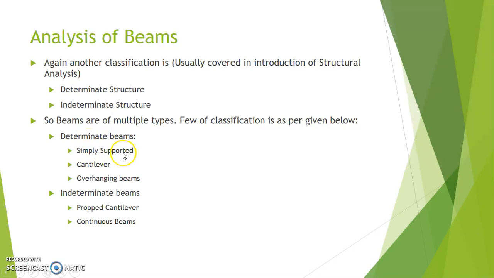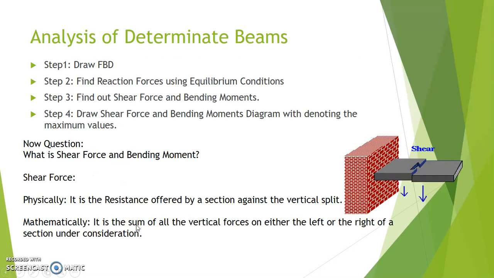In a simply supported beam, at one end we have a hinge support, at the other end we have a roller support. Cantilever, one end is fixed and the other end is free. Overhanging beams, some part is overhanging, that's the only condition. It is the same as simply supported, that is also a determinate structure. Indeterminate beams: propped cantilever, continuous beam. We will see the problems later on as the course proceeds.